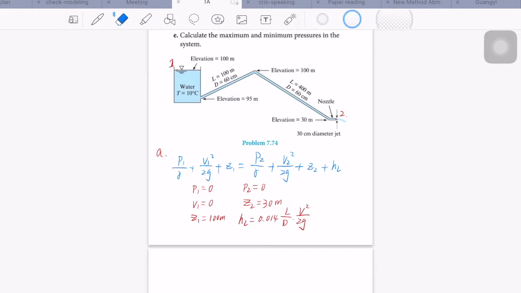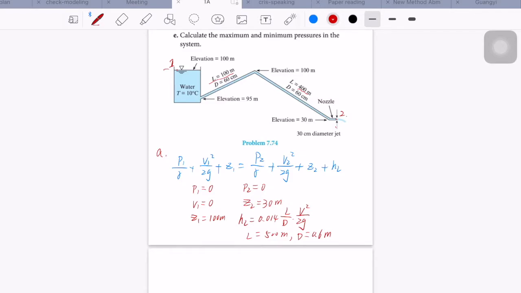For problem A, because we apply the energy equation at point 1 and point 2, L equals 100 meters plus 400 meters, so L equals 500 meters, and D equals 0.6 meter.